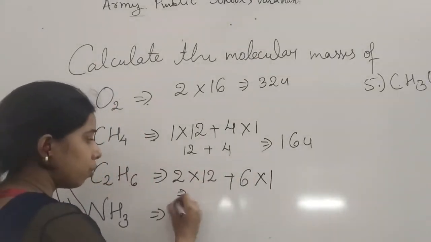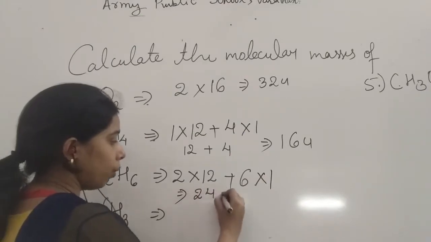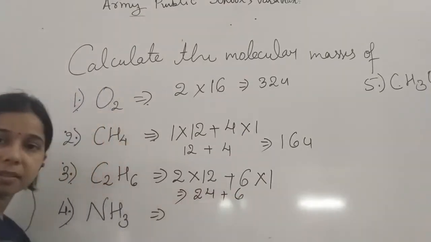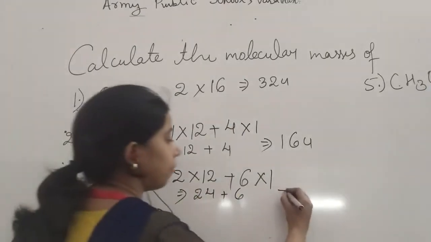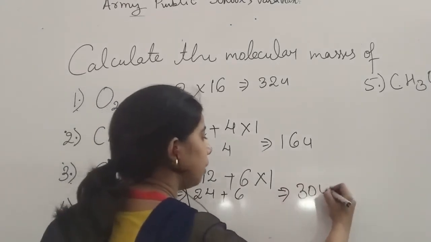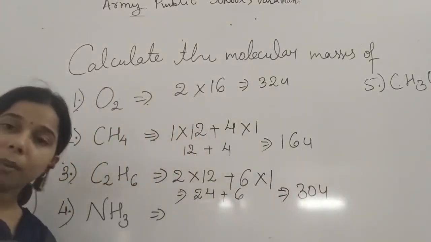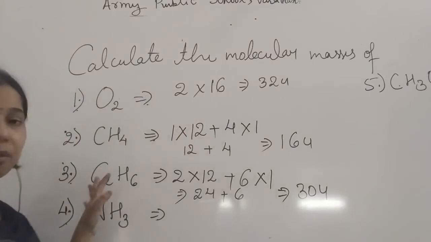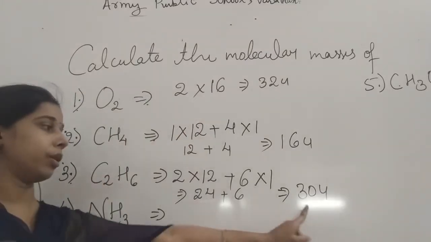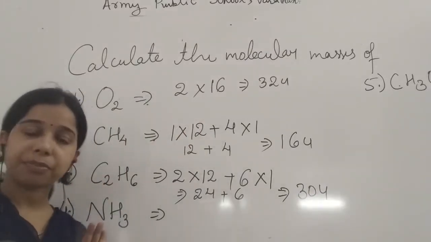This will be equal to 24 plus 6, right? That will be equal to 30 U. So the molecular mass of this particular molecule is equal to 30 U.